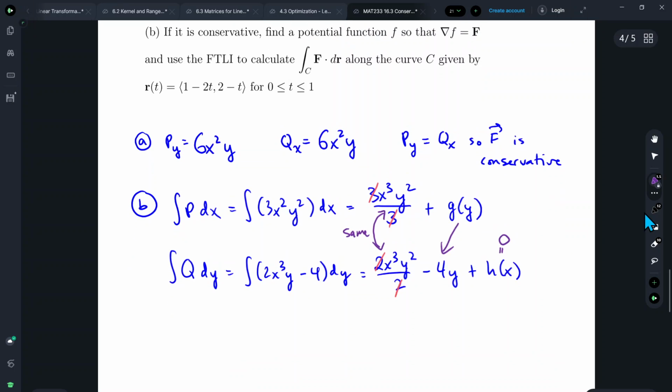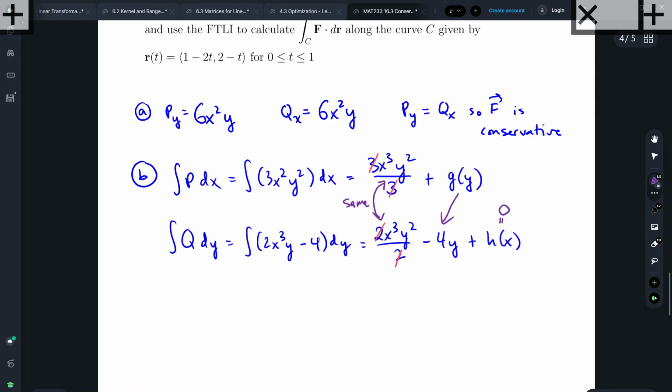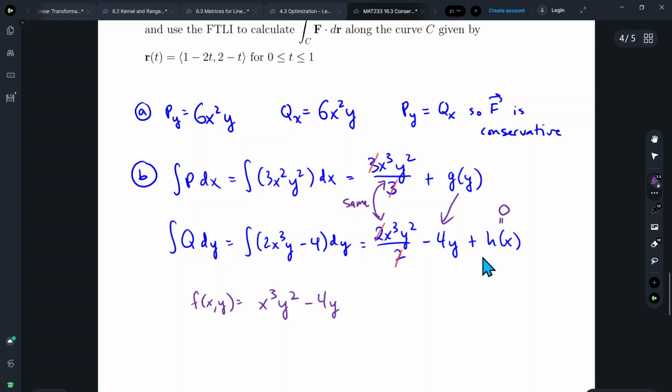So this should be our potential function. The common term was x cubed y squared, my g of y was the minus 4y, and h of x is 0, so there's nothing else.